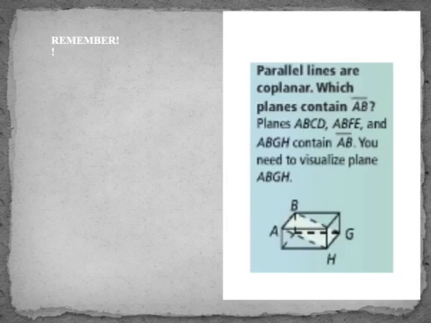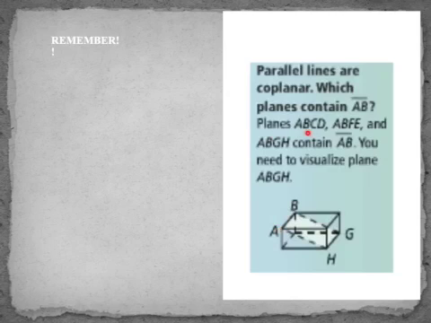Now remember, parallel lines are coplanar. This question is asking which planes contain line AB. Well, line AB is in the top plane, it's in this side plane, but it's also in any plane that can be drawn through this line.